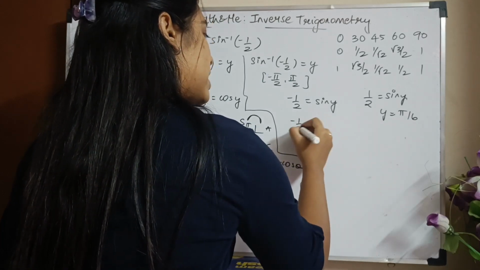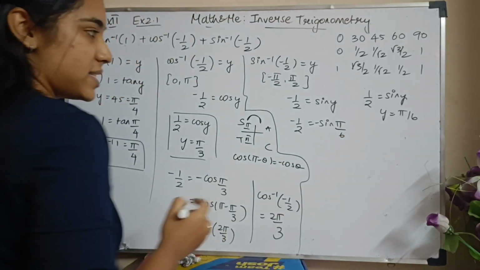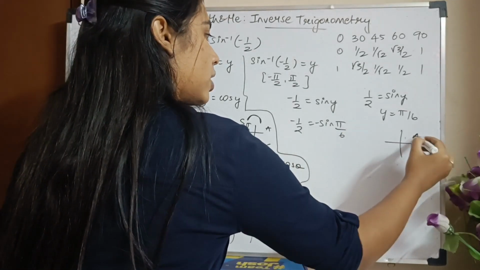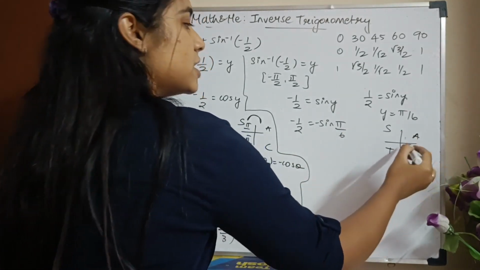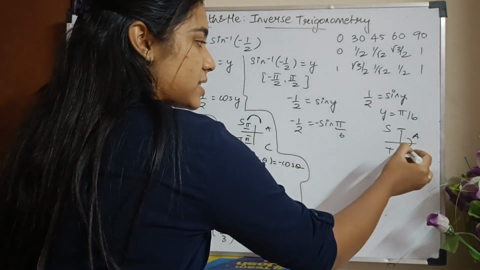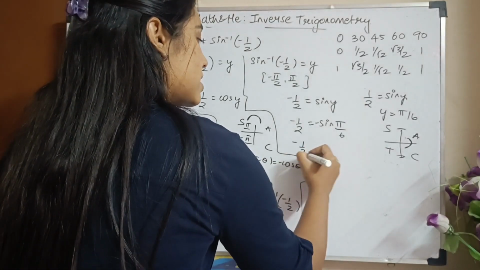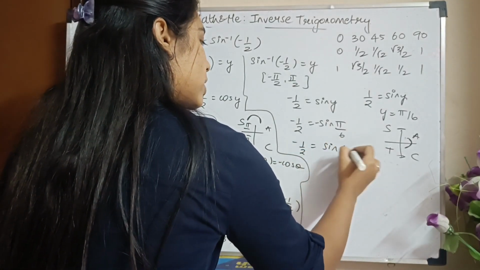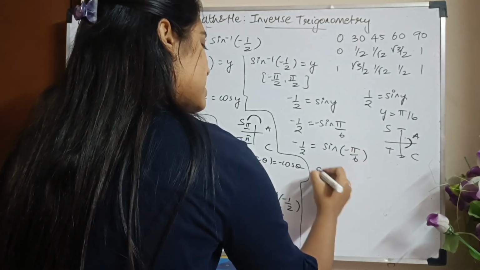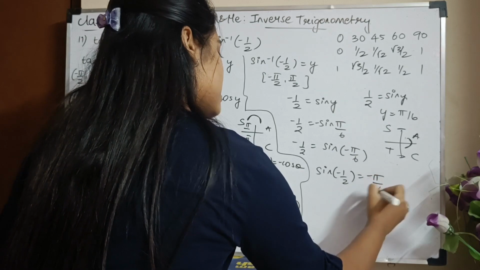Where is sine negative? All silver tea cups. So we are dealing with minus pi by 2 to pi by 2, that is my range. So first and fourth quadrant, and in the fourth quadrant sine is negative. So minus 1 by 2 equals sine of minus pi divided by 6. So sine inverse of minus 1 by 2 equals minus pi by 6.